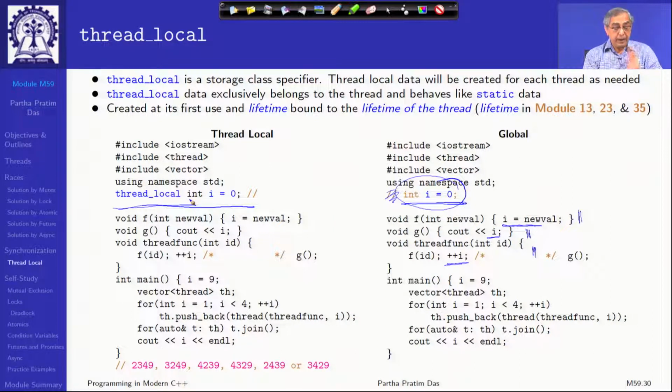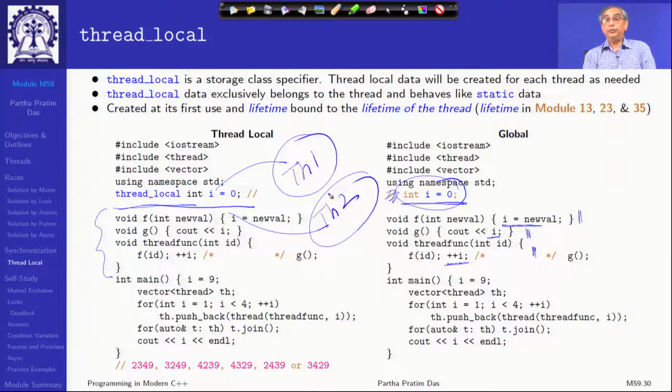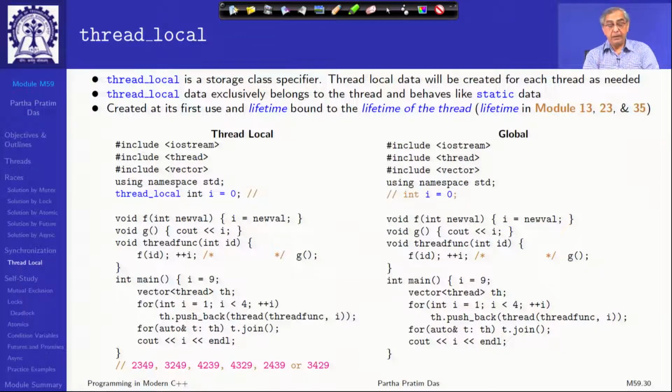But if I have 2 threads, thread 1 and thread 2, then I have 2 different instances of I. So, the functions in thread 1 will share the thread local of thread 1, the functions of thread 2 will share the thread local of thread 2. So, that gives a nice advantage in terms of programming in some cases.